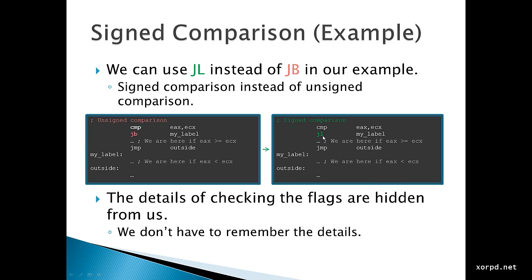It is pretty cool that the details of checking the flags are hidden from us. So we don't actually have to remember all the details about the overflow flag, the sign flag, and carry or zero flag. We can just change the instruction.